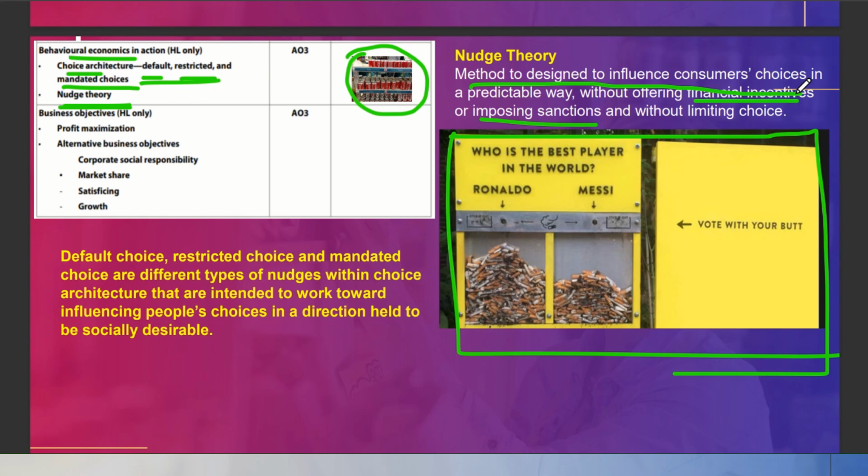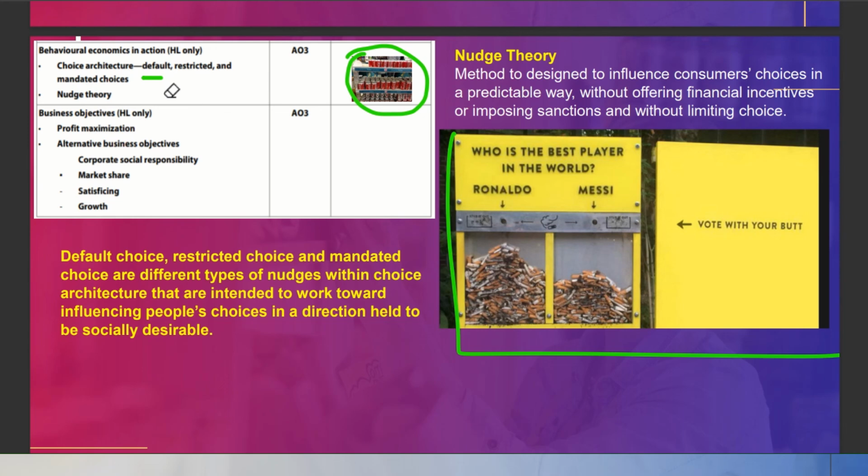Again, repeating: a method to design choices to influence consumers in a predictable way without offering financial incentives, imposing sanctions, or limiting the choice. This is behavioral economics on the consumer side.